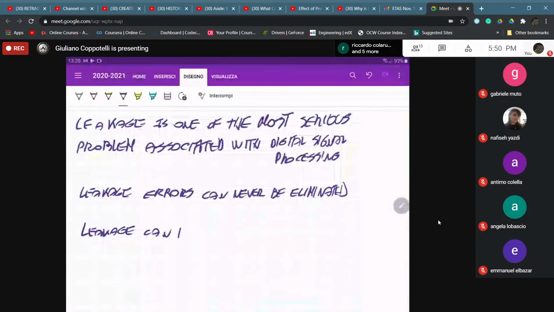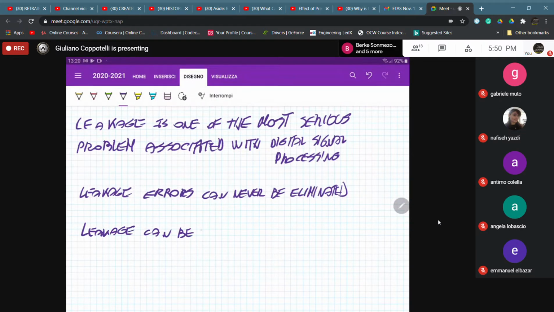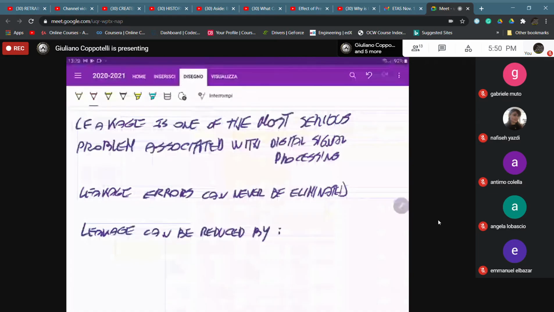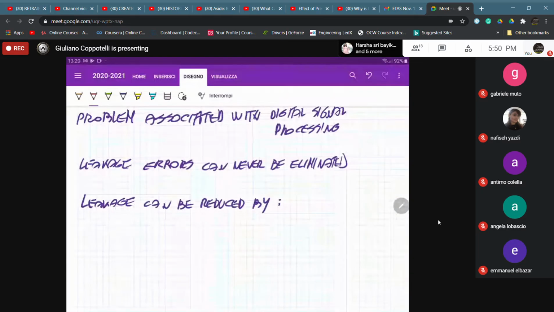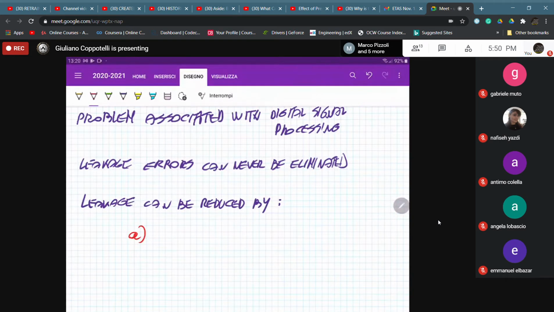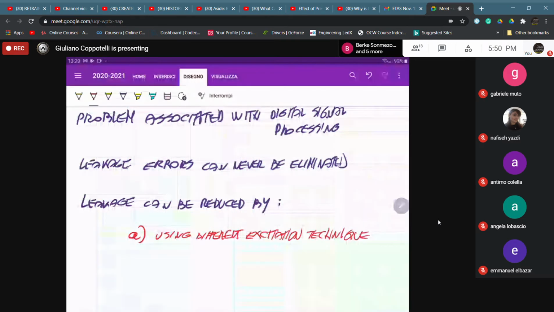So the leakage can be reduced by, let's say, several approaches. The first one could be using different excitation techniques with respect to the one that we are considering.